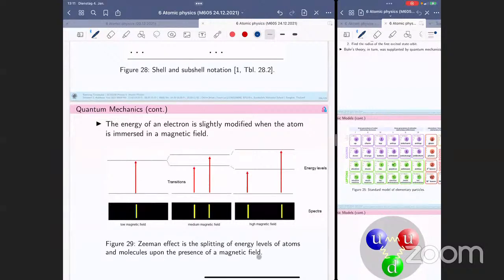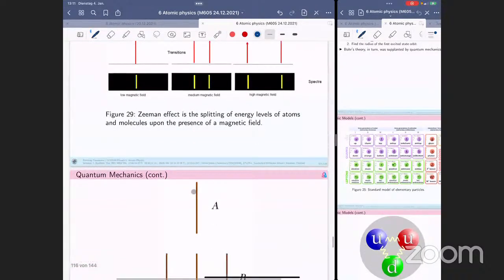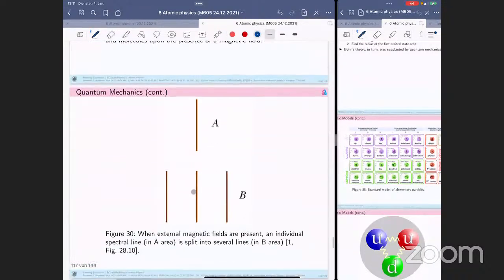Once we introduce a magnetic field to the atom, we could see the split of energy levels like this. From another source, from another book, once we have the atom without any magnetic field, you could see the energy level as A, which is only a single energy level.